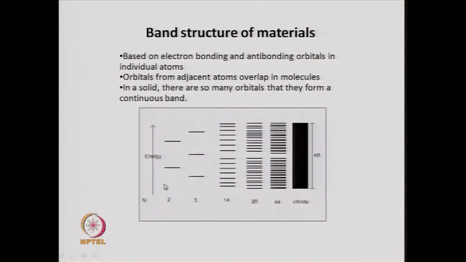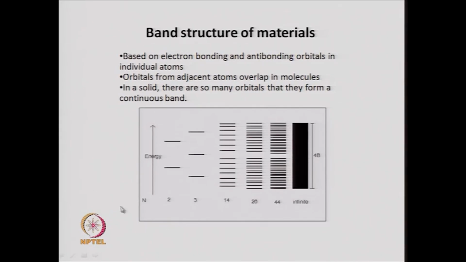Now, this difference between energy gaps is what causes different colors. Some materials may have a large energy gap, some materials may have small energy gaps. That is one thing. The other thing is, the gap also changes with the size of the particle.